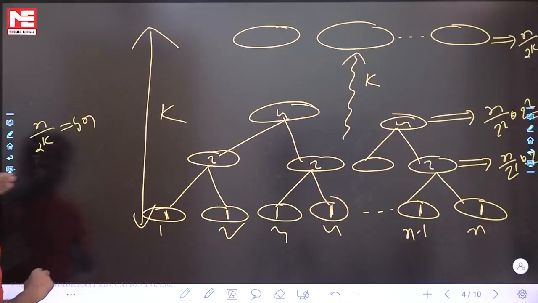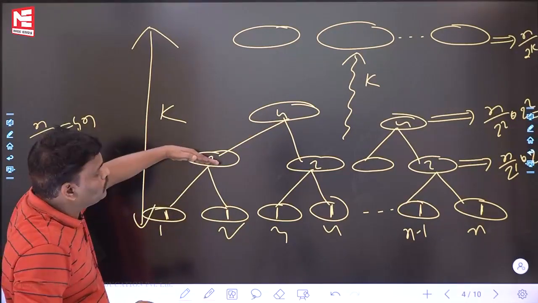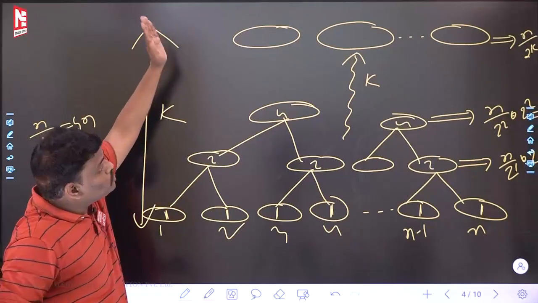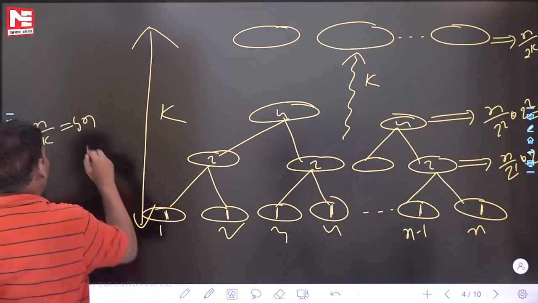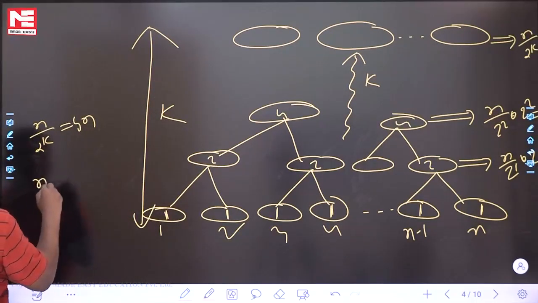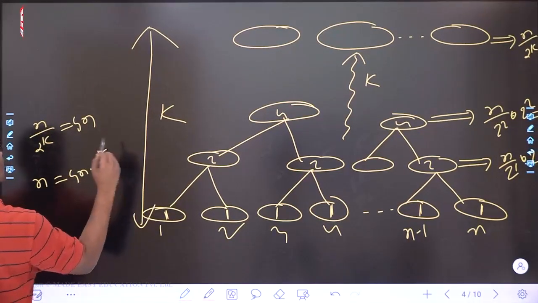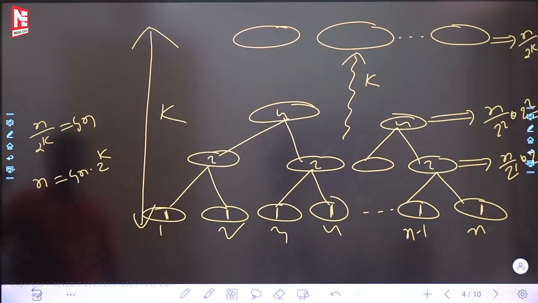Here n sorted subarrays, here n by 2 sorted subarrays, here n by 2 power k sorted subarrays, which is equal to log n. So n is equal to log n into 2 power k.